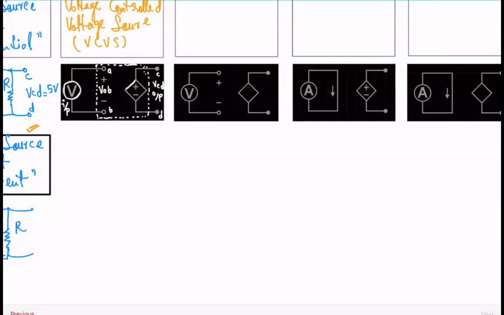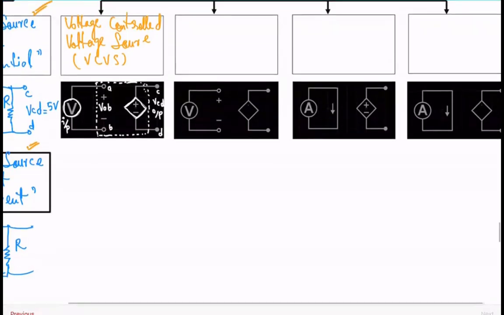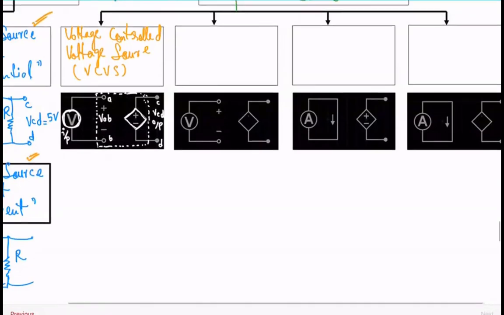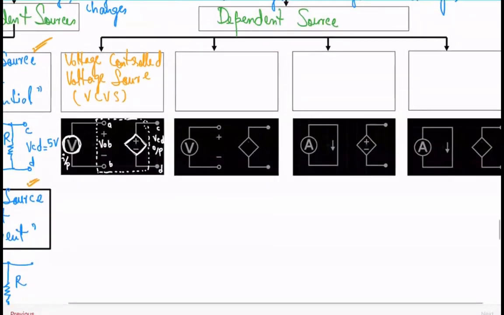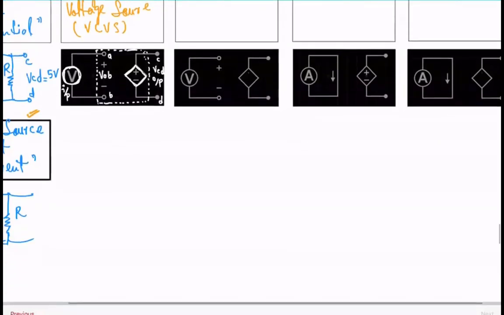This diamond shaped thing is the dependent source, and on the left is the independent one. Dependent sources are usually drawn with this diamond. So here VCD, which is the output voltage, equals mu times VAB, where VAB is the input voltage. You might be wondering what this mu is.